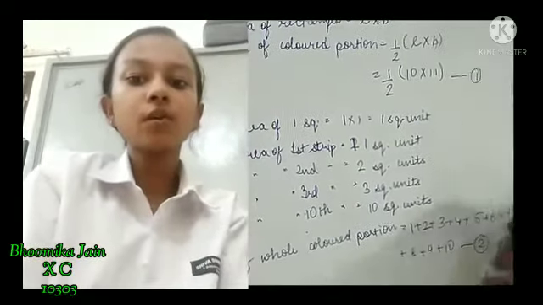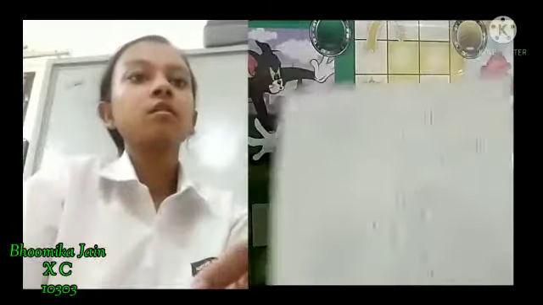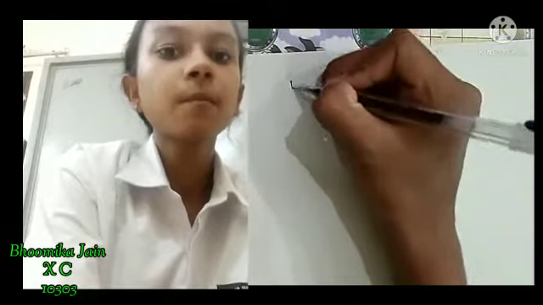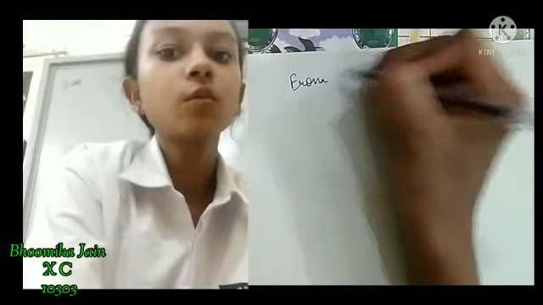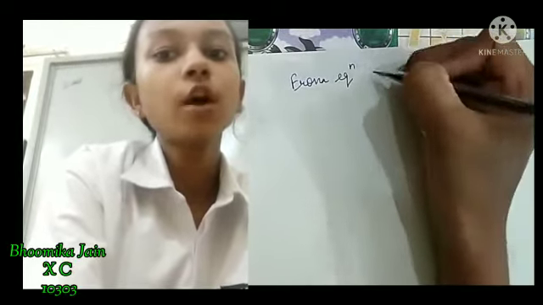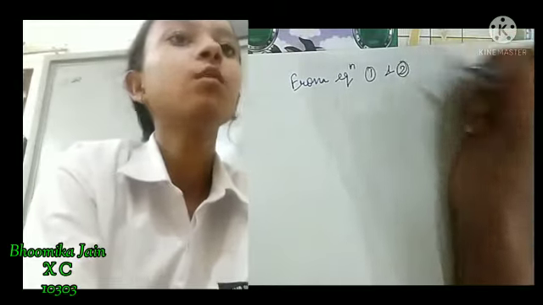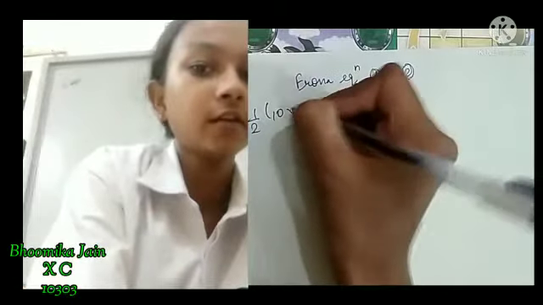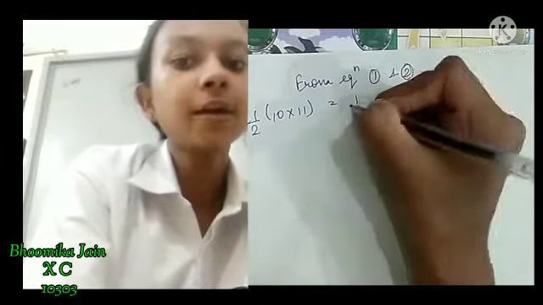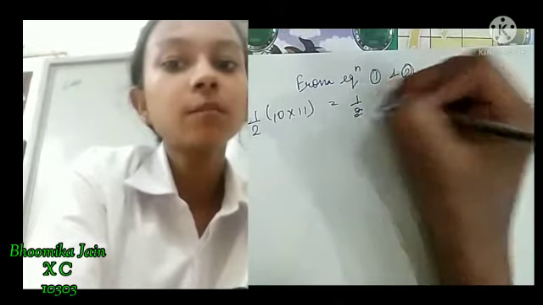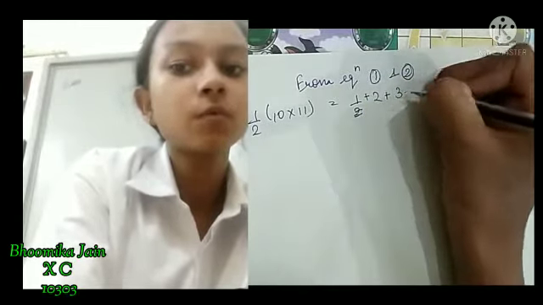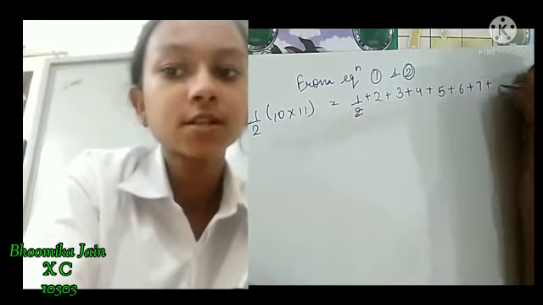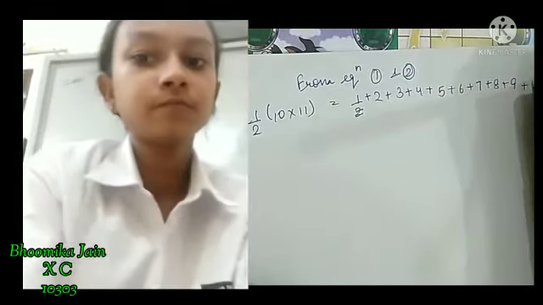So from equations 1 and 2, what do we get? 1 by 2 into 10 into 11 is equal to 1 plus 2 plus 3 plus 4 plus 5 plus 6 plus 7 plus 8 plus 9 plus 10.